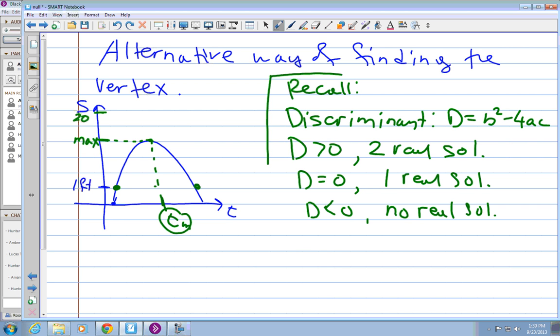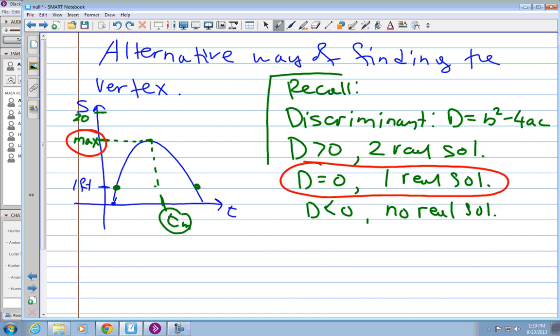Now, which one of those three situations will help us to find the maximum? D equals 0, exactly right. When D equals 0, the solution to this picture would be that exactly one time we reach that height. Are you with me so far?